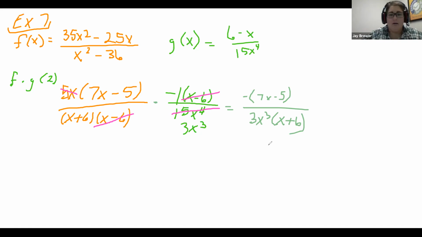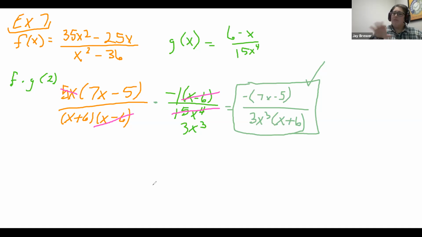As far as the actual function, that's probably what they're looking for. If you wanted to go through and expand it, you can. I think Pearson would still accept it. I would accept it, obviously, because it would be equivalent. But that is neat enough. You don't have to go through and do anything else. That's kind of where we like to keep things.